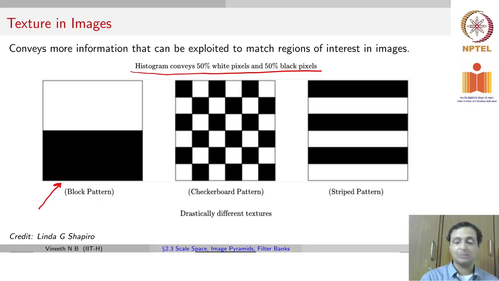You could have the image to be something like this, something like this, or something like this. In all these 3 cases, the histogram contains 50% white and 50% black, but the textures are vastly different. So it's not only important to get global statistics, it's also important to get local texture information to be able to understand what is in images.